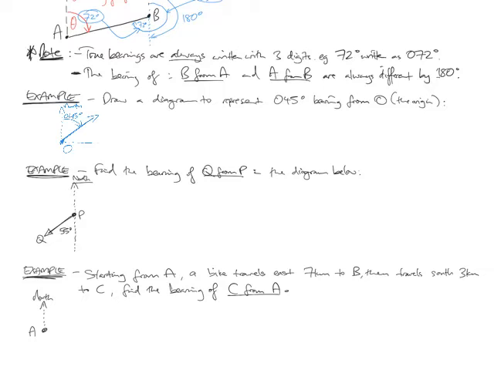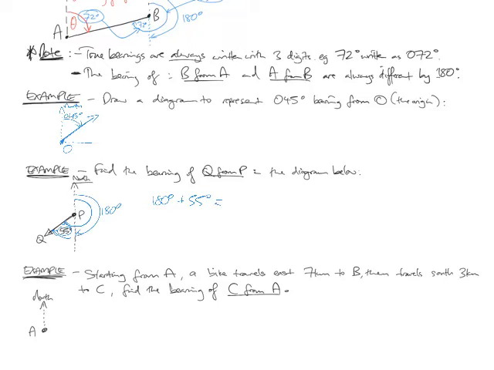Next, find the bearing of Q from P in the diagram below. Q from P. So Q from P, the bearing is actually going to be this angle here, because from P you're facing north, and you would have to turn clockwise all the way to where Q is. So let's have a think. This angle here is going to be 180 degrees, and the remainder is going to be 55, so 180 degrees plus 55 degrees.